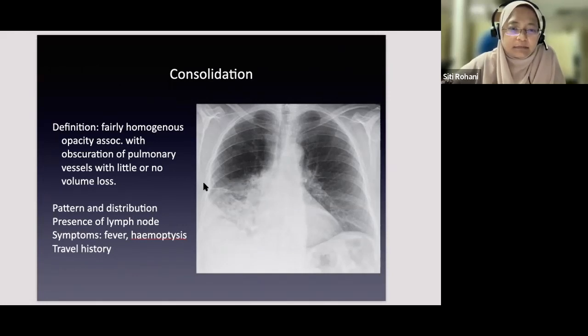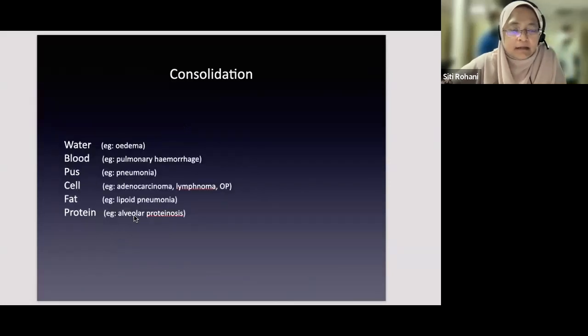So the point I'm trying to make is that consolidation on chest X-ray is defined as opacity which obscures the pulmonary vessels, heart, and diaphragmatic border. So what is consolidation made of?